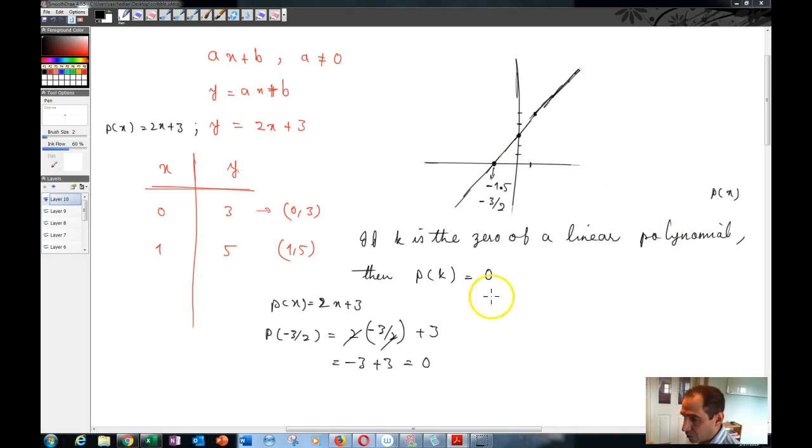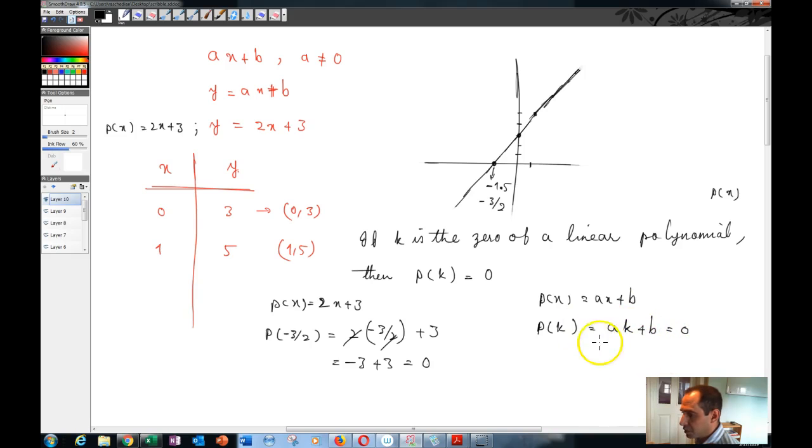Because we said that, if you remember, our polynomial was p of x is equal to ax plus b, okay? And if k is the zero of the polynomial, that means that the output of this polynomial at k is going to be equal to 0. That means that p of k is equal to ak plus b, which is equal to 0.